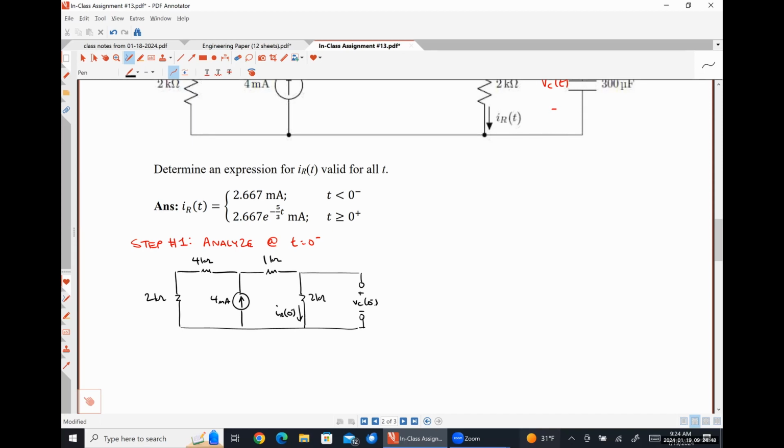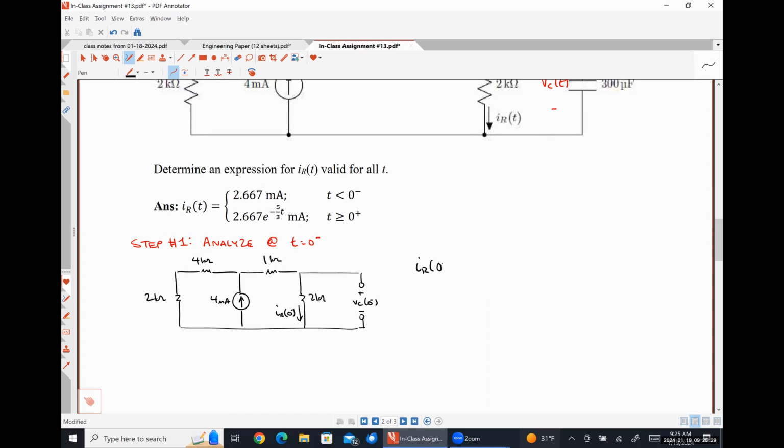So to me, the easier thing to solve for first would be IR at 0 minus. So how might we go about doing that? Current division, absolutely.